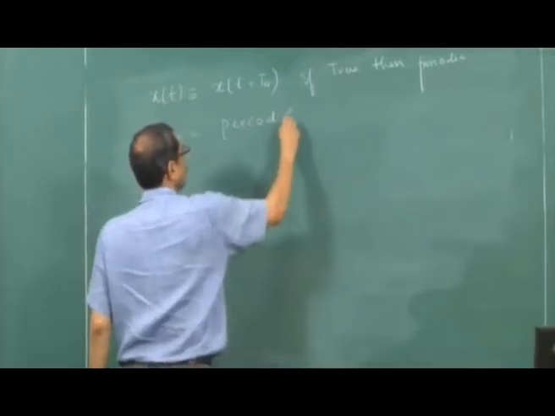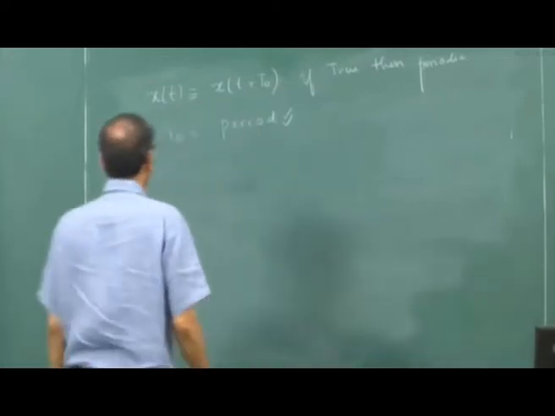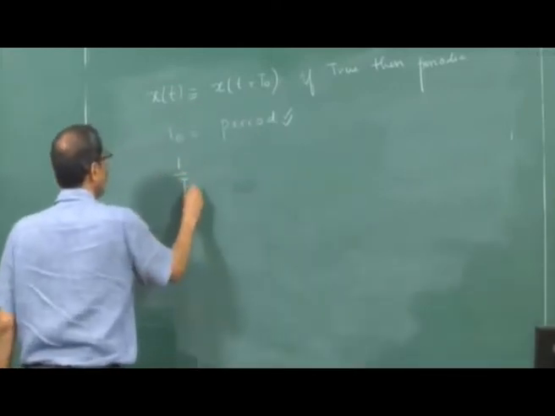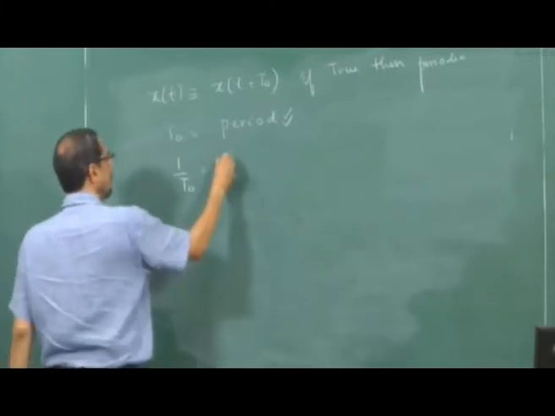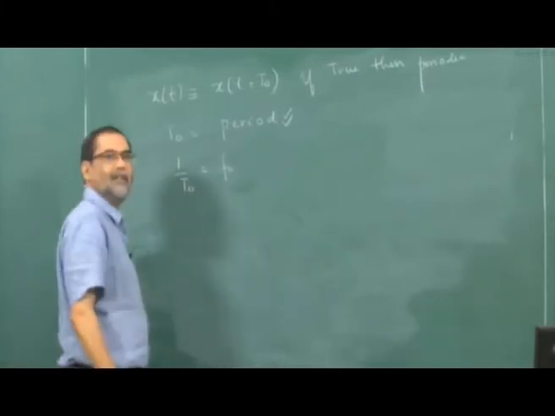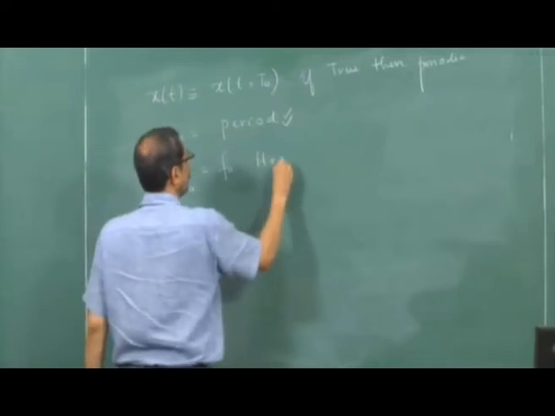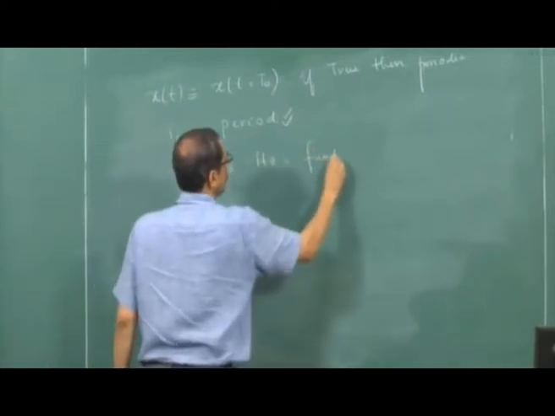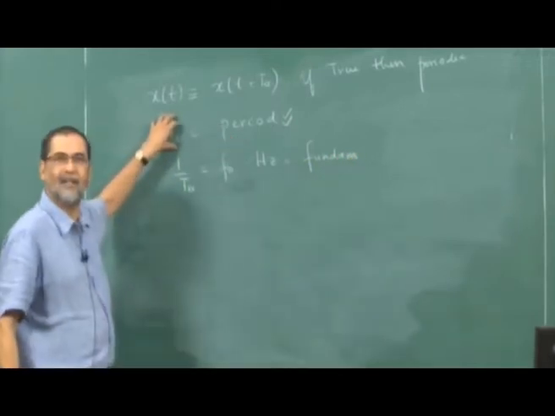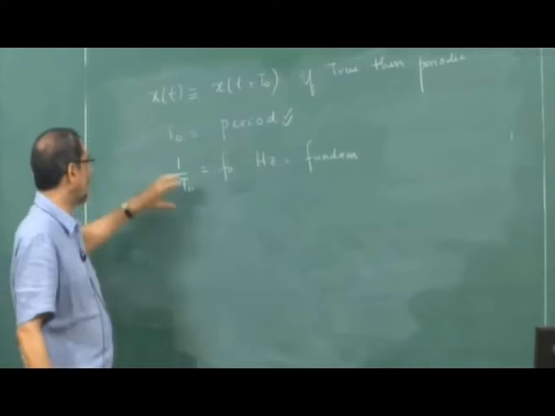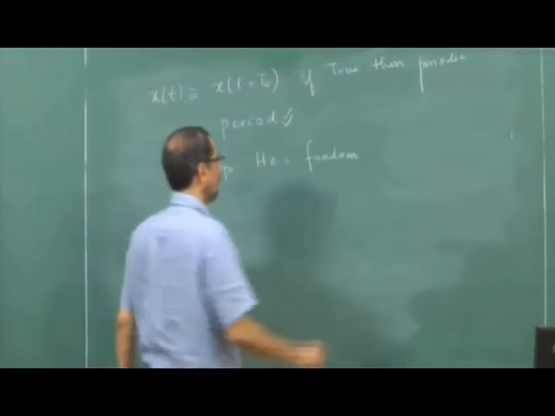T naught will be in terms of seconds. 1 by T naught is called F naught, the fundamental frequency in hertz. It is called the fundamental frequency because T naught is the smallest period.